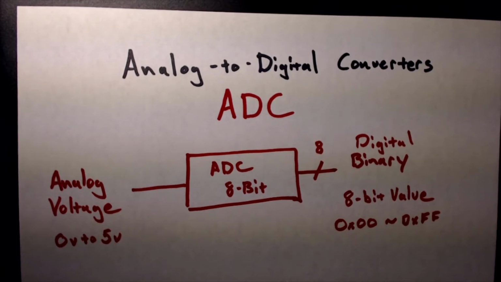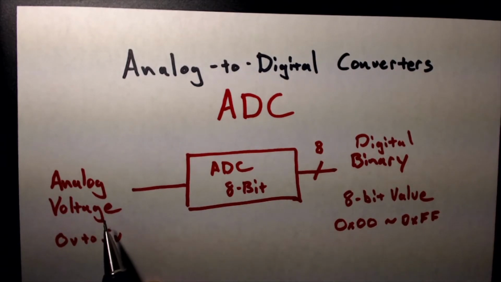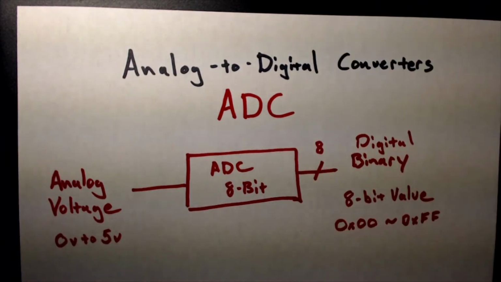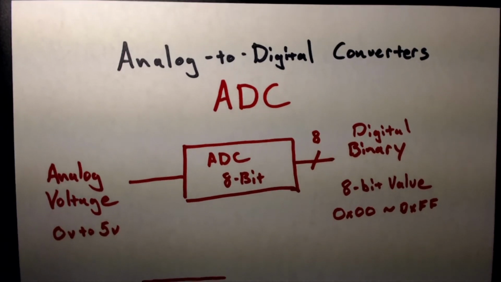Now, the whole goal of an analog to digital converter is to take an analog voltage. So it's taking a voltage that could be 0 volts, 0.1 volts, 0.2 volts, 3 volts, 5 volts, 4.566, 7 volts, any voltage on this continuous range. Now remember, an analog voltage really is continuous.